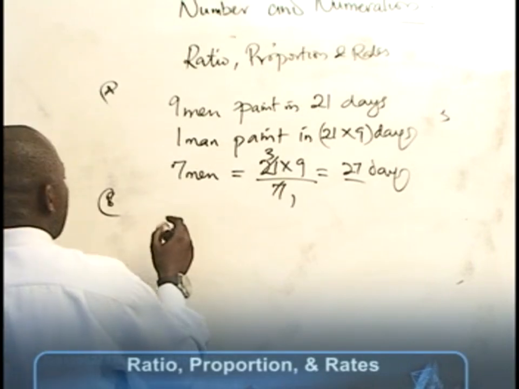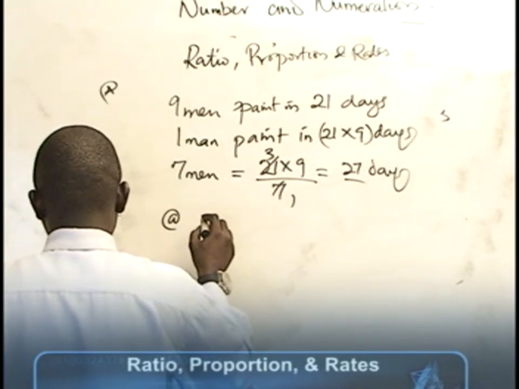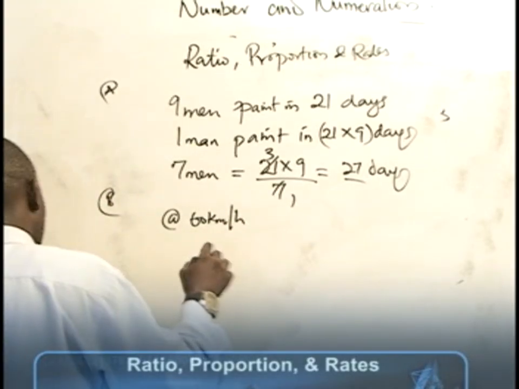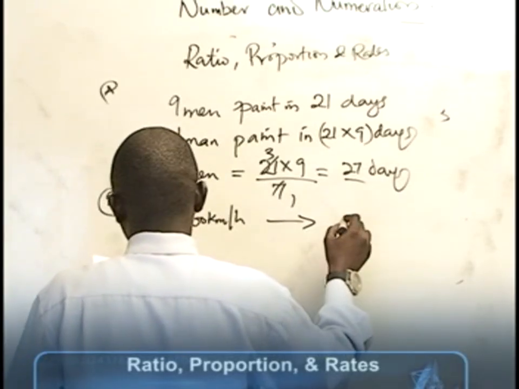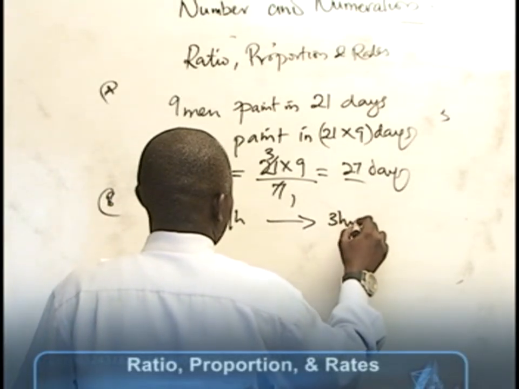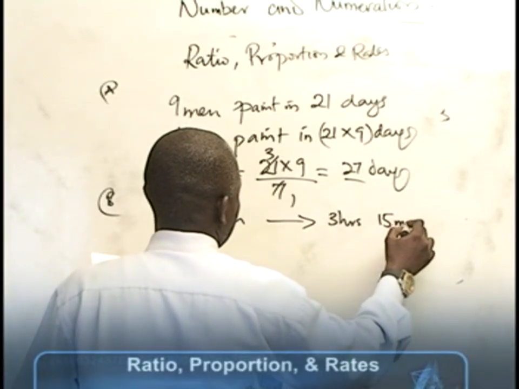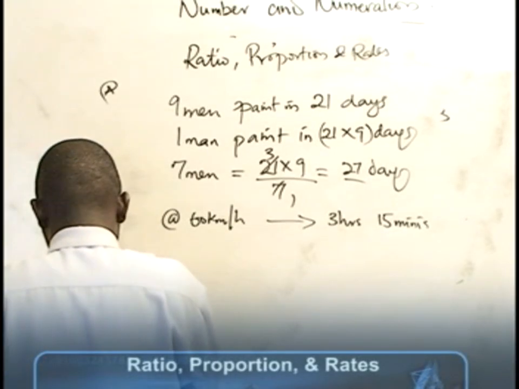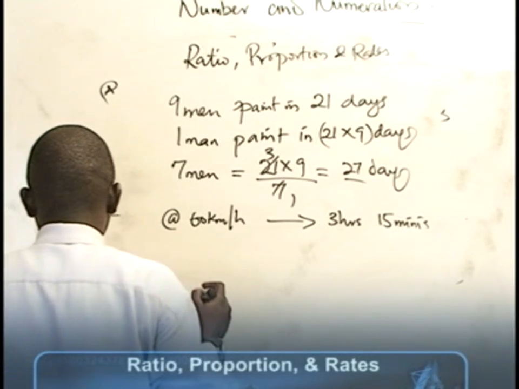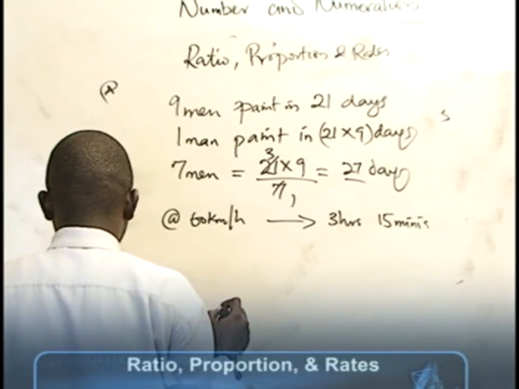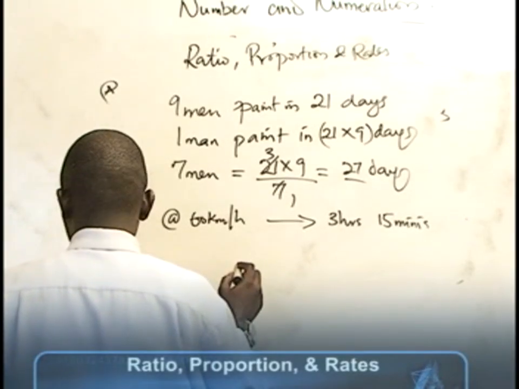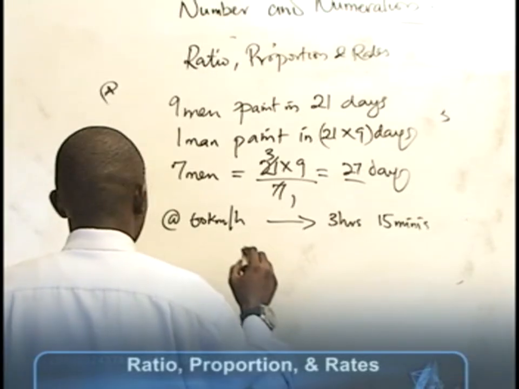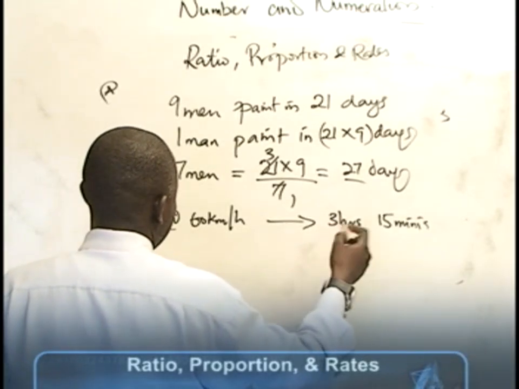A driver at 60 kilometers per hour will travel 3 hours 15 minutes. If you convert 3 hours and 15 minutes to all minutes, 60 minutes make 1 hour.